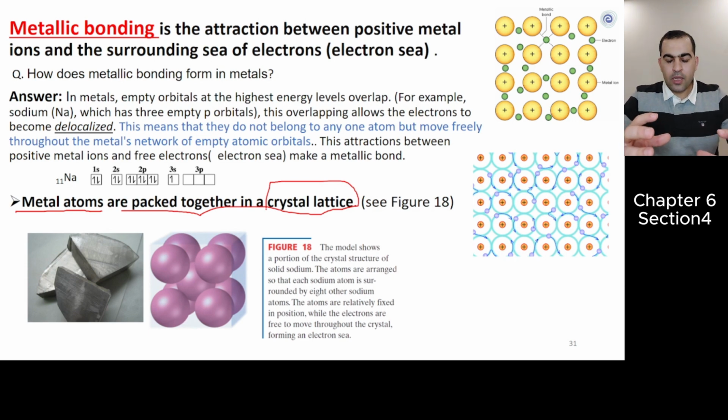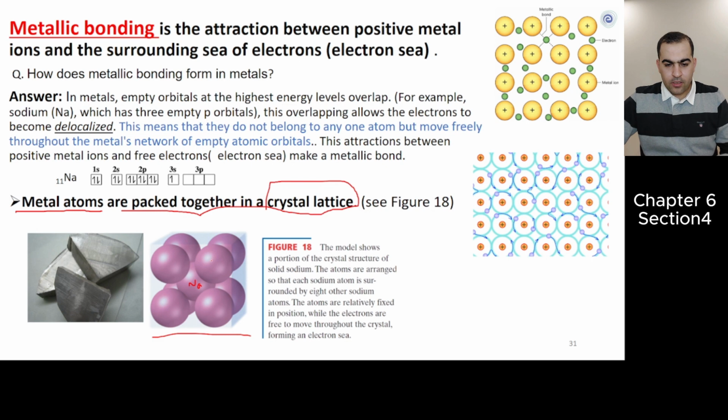So also metals are packed together in a crystal lattice. So it's like a crystal. Imagine, look at here, a crystal structure of sodium. Each sodium atom is surrounded by 8 other sodium atoms.